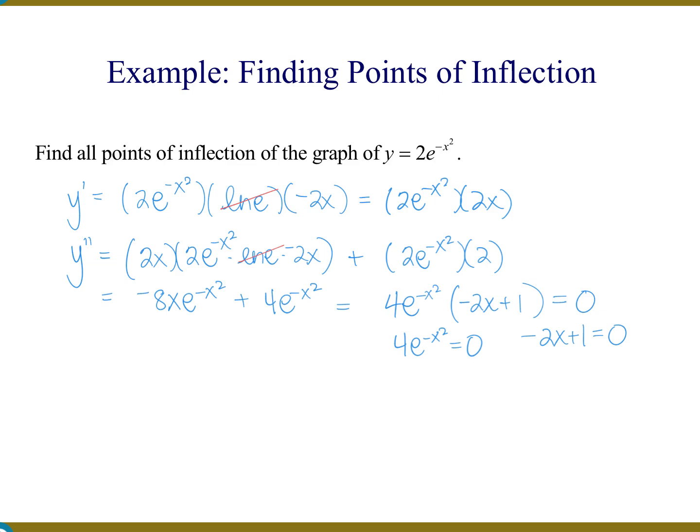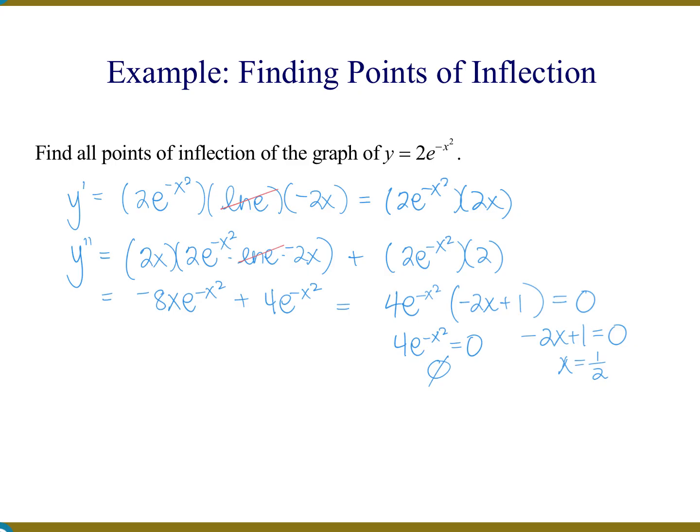The first one has no solutions. 4 times e to the negative x squared would never be equal to 0 because an exponential never touches the x-axis. The second one does have a solution. The solution is x equals half.